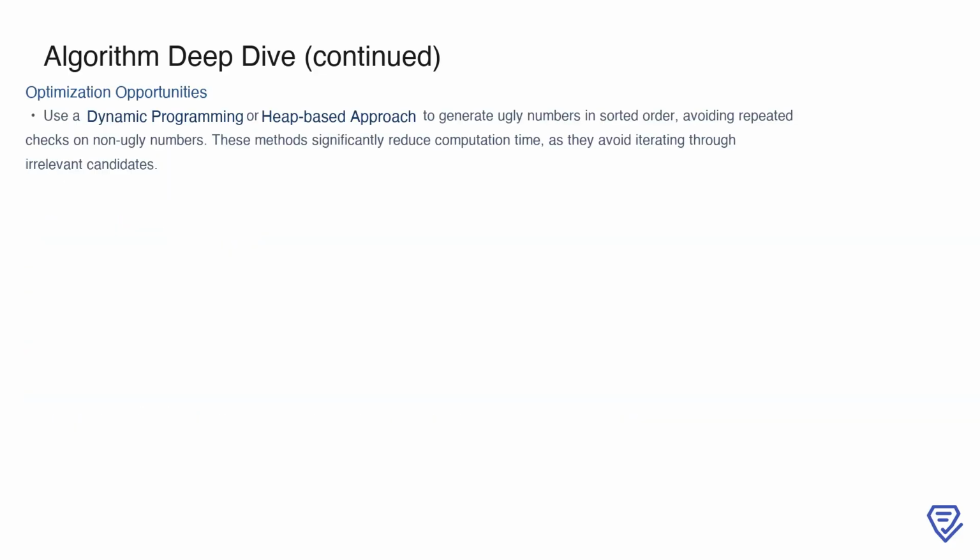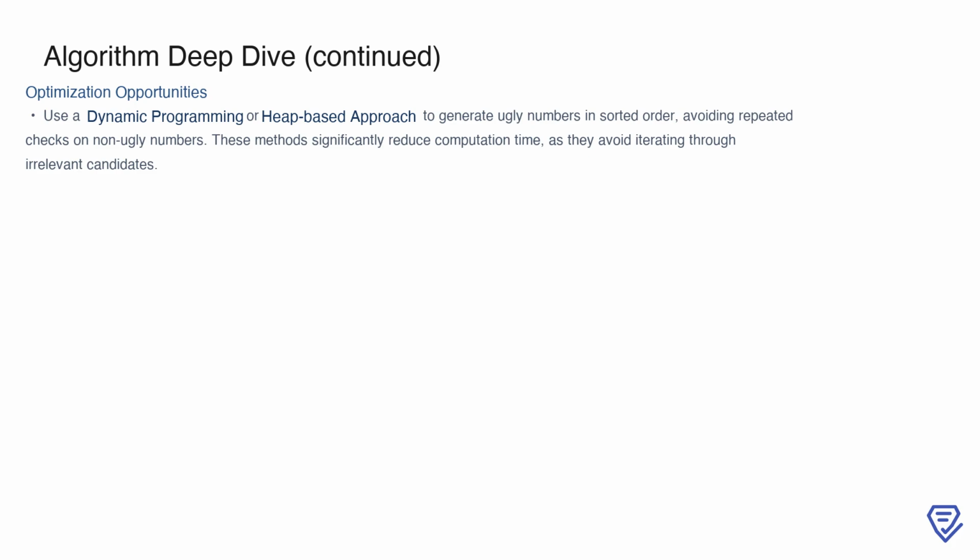Given the inefficiency of the brute force approach, there are significant opportunities for optimization. One powerful technique involves using a dynamic programming or heap-based approach to generate ugly numbers in sorted order. These methods eliminate the need to test irrelevant candidates by systematically building the sequence of ugly numbers.